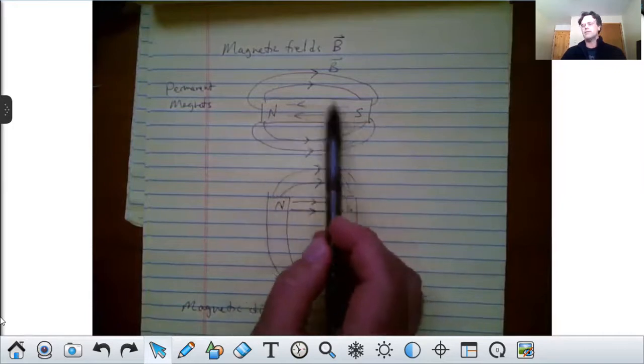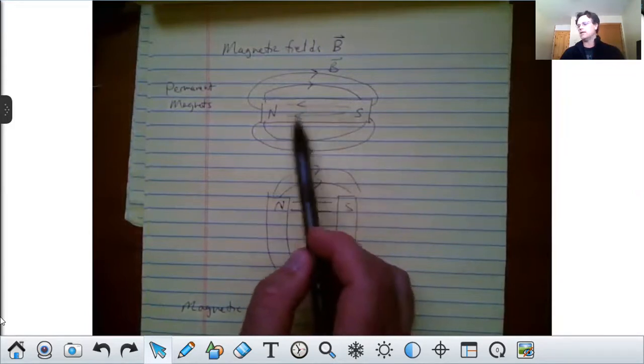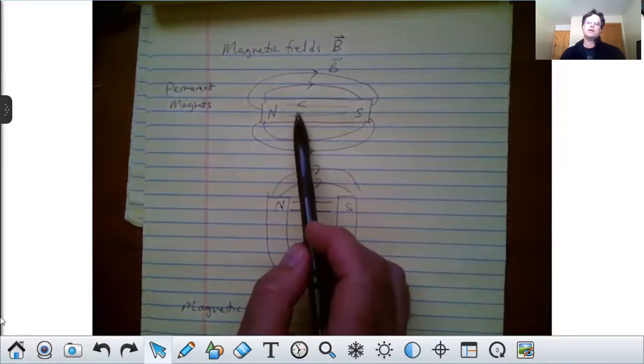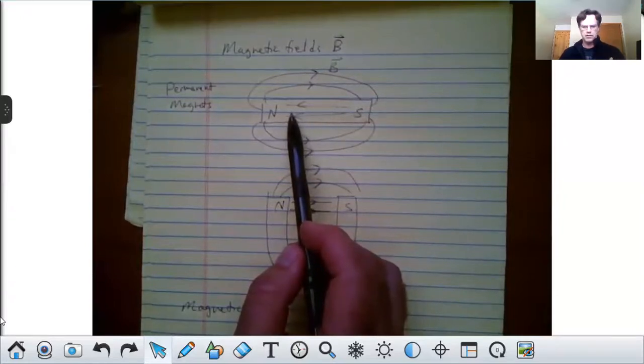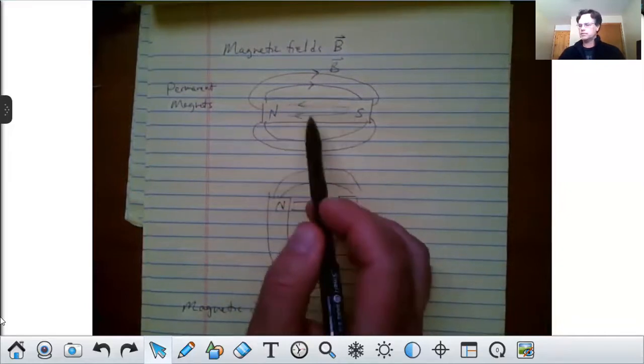But in a permanent magnet, it's really due to the motion of the electrons and the charges in the atoms. Generally speaking, you have to have an electric current creating a magnetic field, right? There's got to be some motion of electric charge to create a magnetic field. And in a permanent magnet, that motion is inside the atoms.